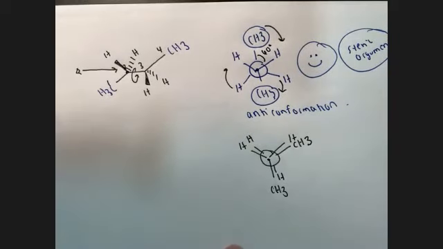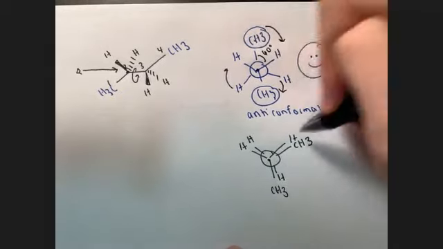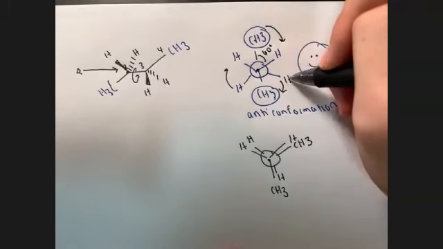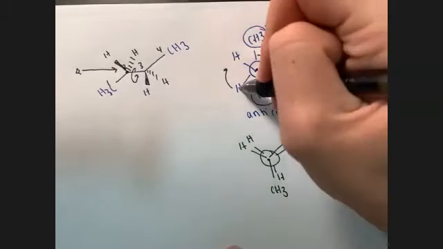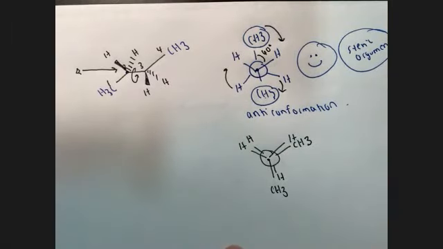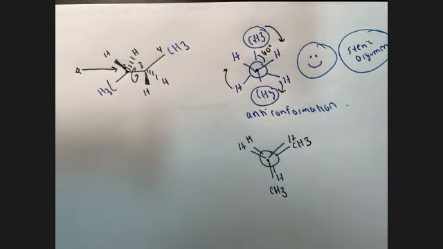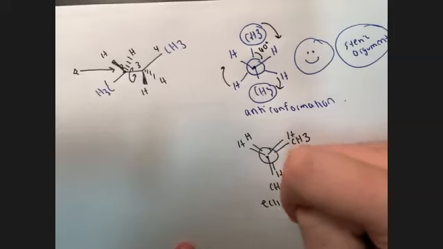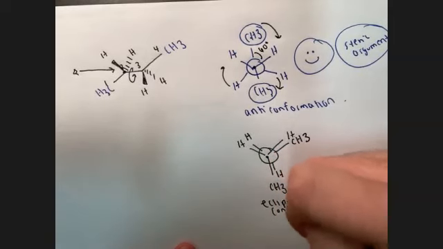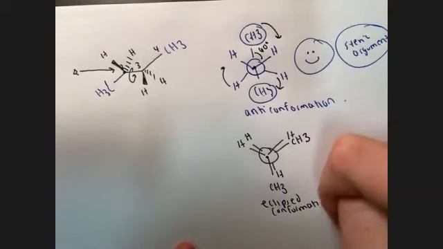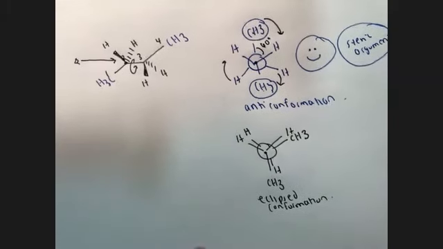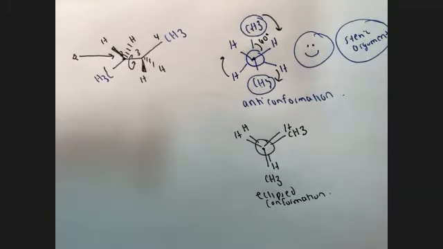I kept the front carbon the same, and the CH3 is now eclipsed with that hydrogen. This hydrogen is now eclipsed with that CH3, and this hydrogen is now eclipsed with that hydrogen. So this one is going to be called the eclipsed conformation. And this one is not stable, but it's not the worst one, and we'll get to the worst one in a second.